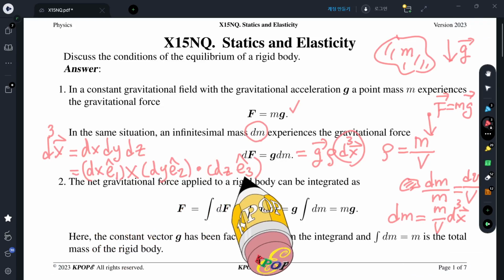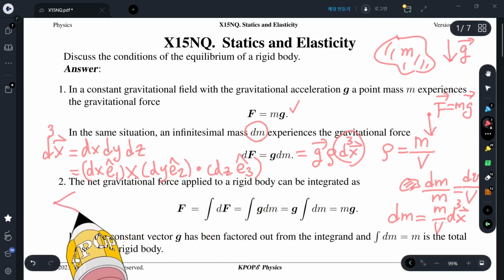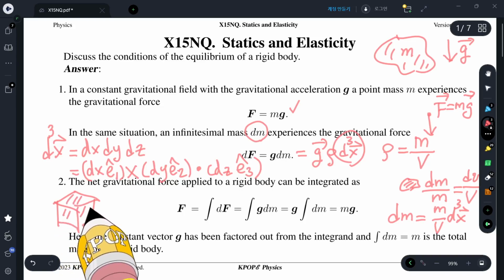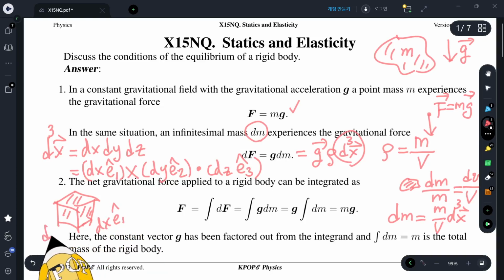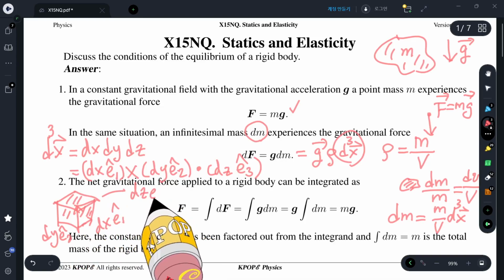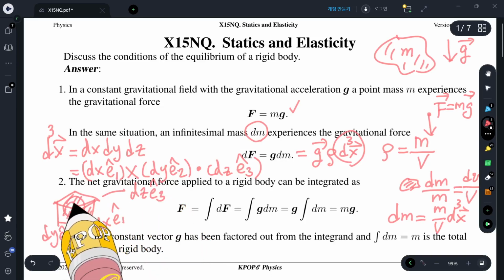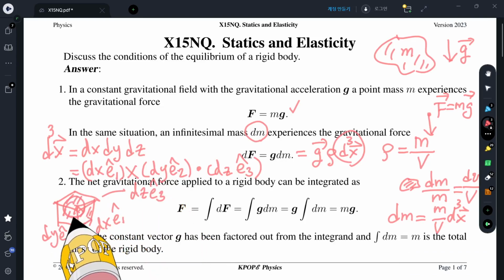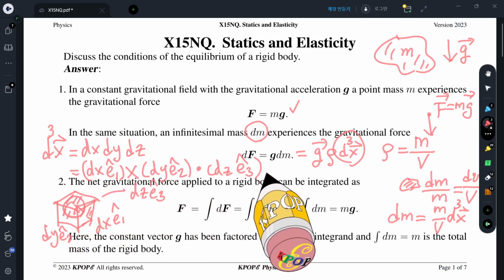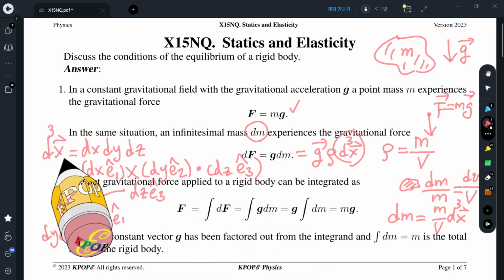This is a triple scalar product to represent the infinitesimal volume element, spanned by dx e1, dy e2, and dz e3 hat. And the volume of this parallelepiped is a triple scalar product, and that is d cube x.